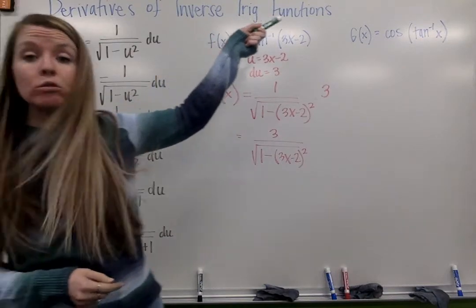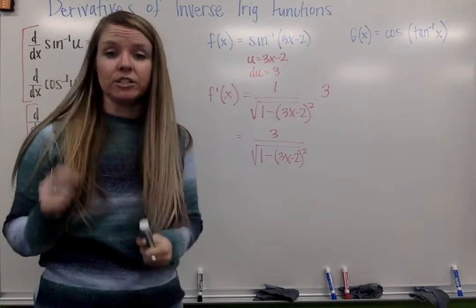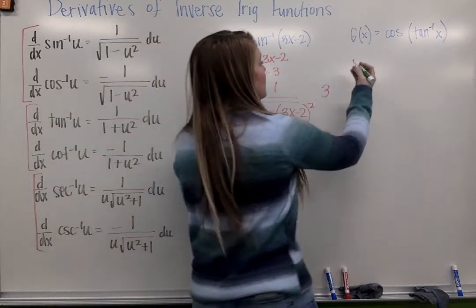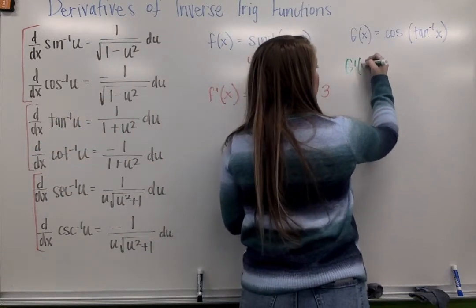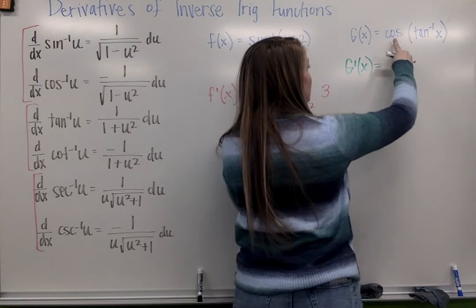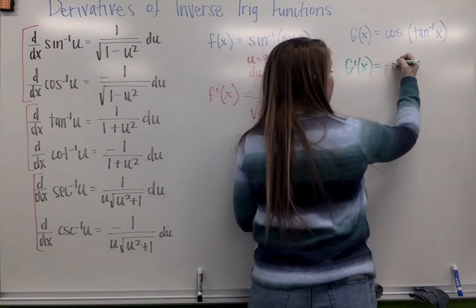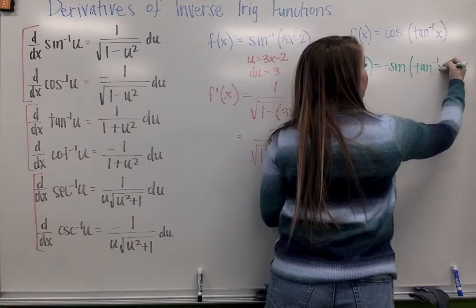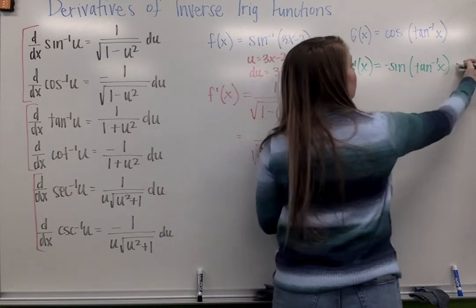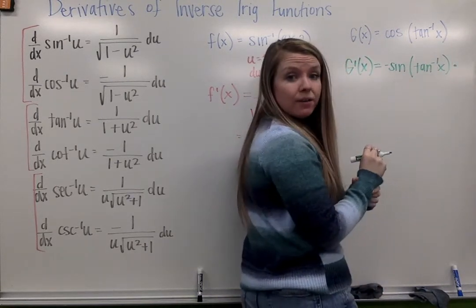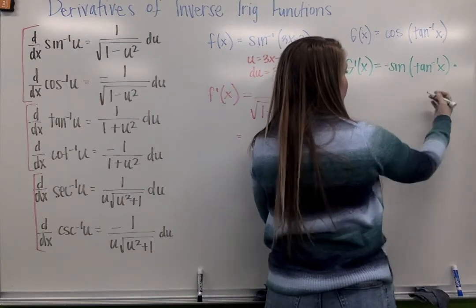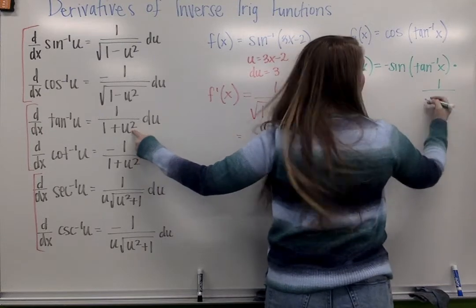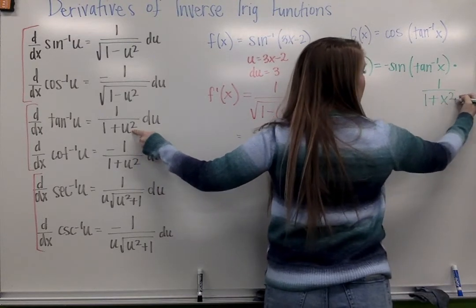Okay, I've got a second example here. This one's the cosine of the tangent inverse of x. So we are still doing chain rule. We do our derivative here: g prime of x equals the derivative of cosine, which is negative sine, keep the inside, and then we're going to multiply by the derivative of tangent inverse, which is 1 over 1 plus u squared.